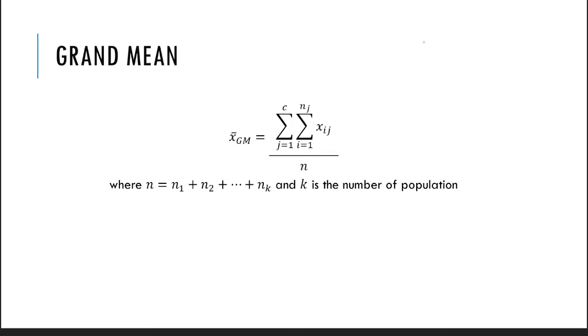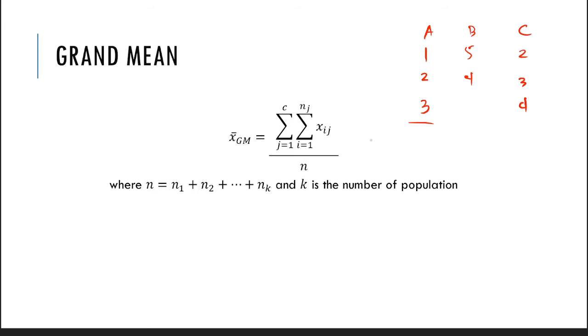So, halimbawa, meron kang group A, group B, and group C. So, sa group A, group B, group C, meron kang ganitong values. Meron 1, 2, 3, tapos meron ka rito 5, 4, tapos meron ka rito 2, 3, 4. So, ganyan yung itsura ng ating sample size. So, for the grand mean, all we need to do is we just need to get the sum of all of this. And kung makikita natin dito, ang n natin dito sa baba, for NA, okay.